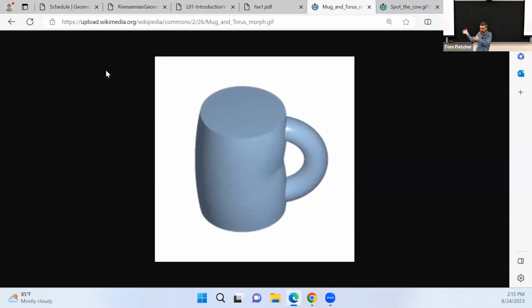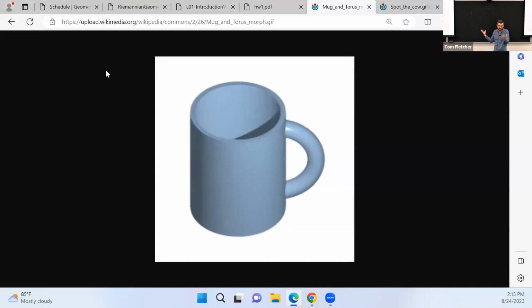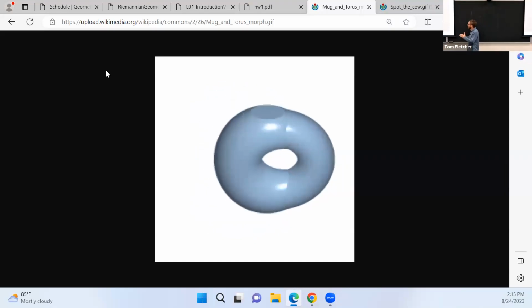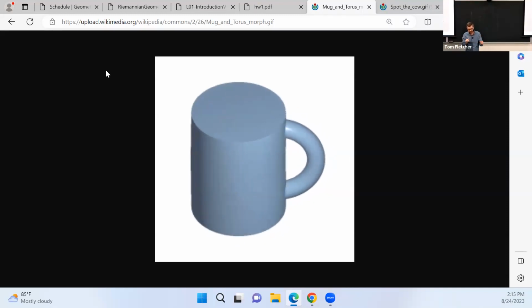The geometry of this object is changing, right? The geometry of a torus and the geometry of a mug are different, but the topology is the same. Anything I'm doing here is topologically equivalent, something called a homeomorphism.